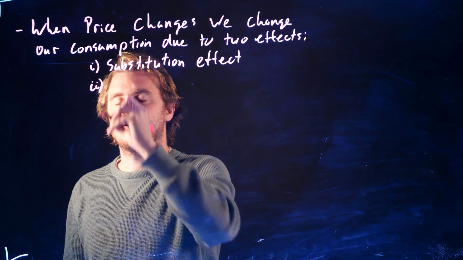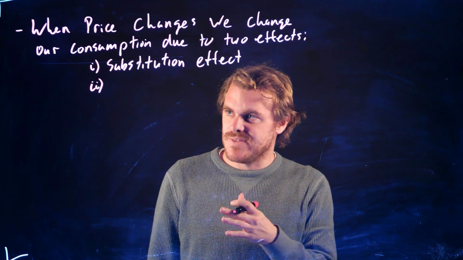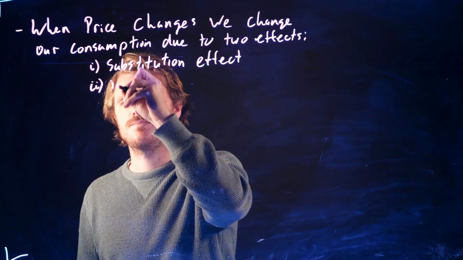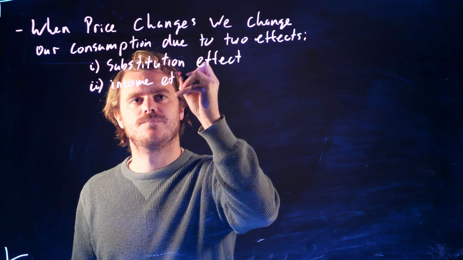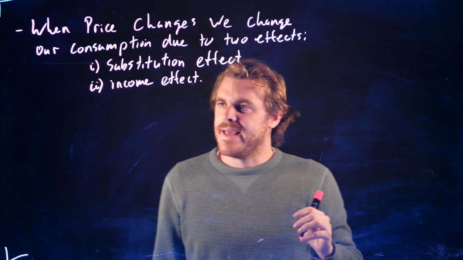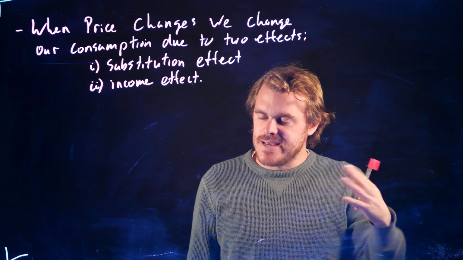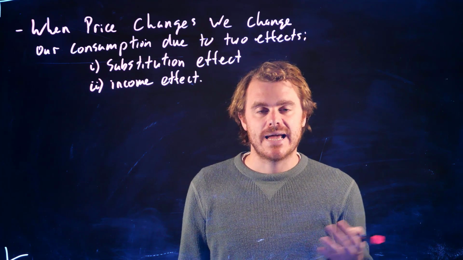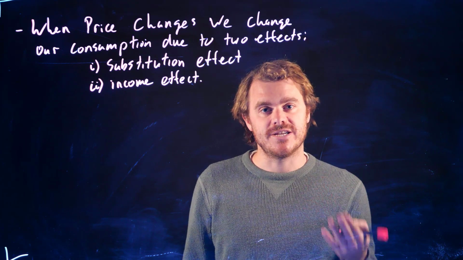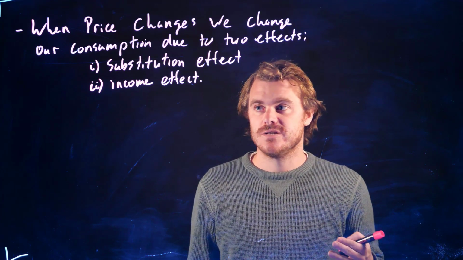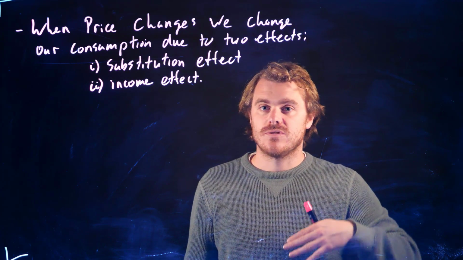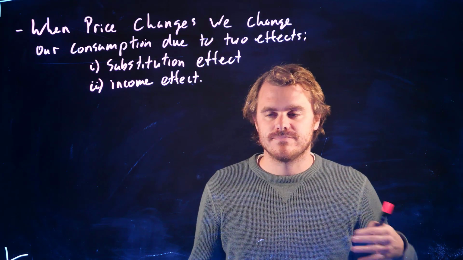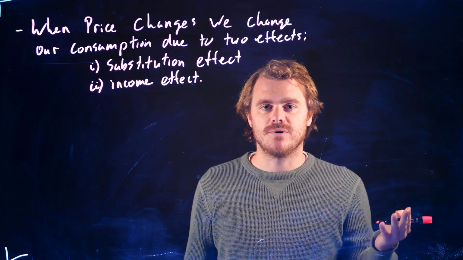And the second reason behind this change in consumption, this total change in consumption, is going to be the income effect. The income effect is about how changes in prices really change the purchasing power of our budgets. In a way, they act like income changes, like changes to our budget. Think about if the prices at Queen's to purchase Starbucks or food or whatever all of a sudden doubled.